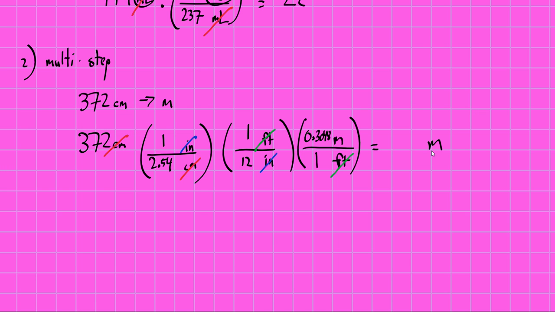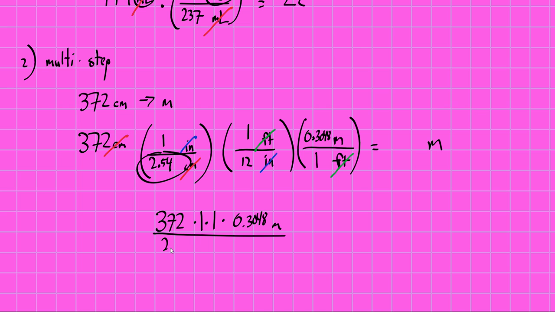That's good. And now all I have to do is take 372 and multiply it by all the numbers on top. So 1 and 1 gets me nowhere, but multiply by 0.3048. And then divide by all the ones on the bottom. So divide by 2.54 and divide by 12. So I'm going to write this out the way that I would write it. 372 times 1, which, whatever, but I'll put them in there, times 0.3048.